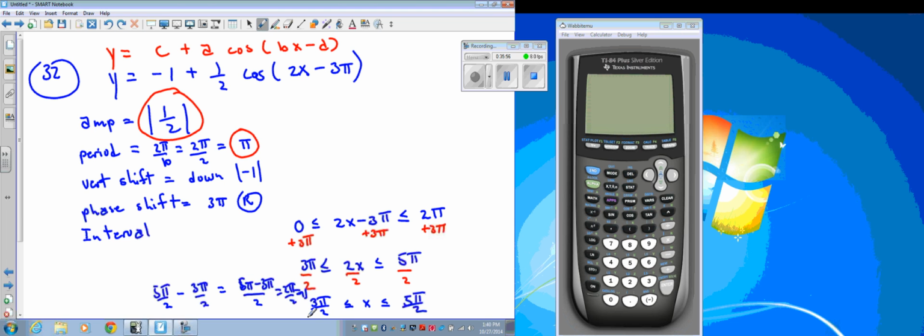I'm really sure that this is right, because that's the interval, and that says the phase shift is 3 pi over 2. So the way I'm figuring this phase shift, it isn't just this, it's this over this. That's what it is.